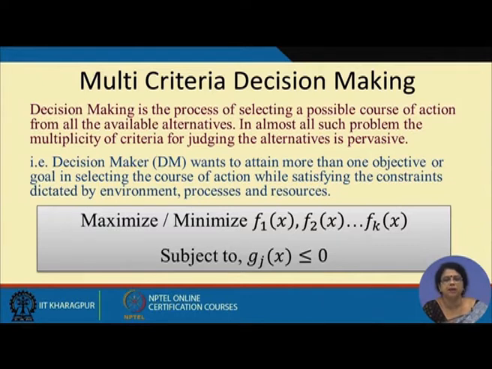And multi-criteria decision making problem in general we name as MCDM. My previous lecture was on MODM, multi-objective decision making, and today's lecture is on multi-attribute decision making, MADM.